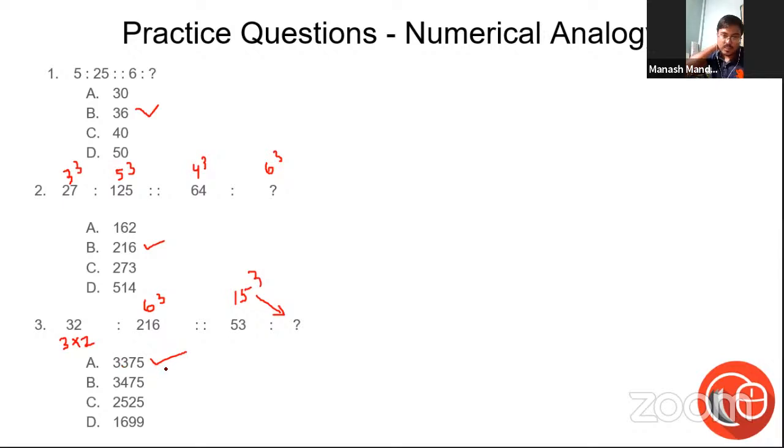So guys, this is the reason I told you to memorize the table till 15 minimum. You can go further till 20 or 30, but till 15 is mandatory. It will be beneficial for you to solve questions from both logical reasoning and quantitative aptitude. So the answer to this question is 3375.